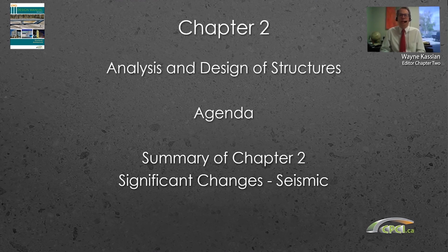There are new provisions for low hazard seismic design, buildings with flexible diaphragms, buildings with inclined columns, and they've also added base isolation and energy dissipation systems and rock foundations. So we'll be talking about all these seismic changes, but before we do, we'll go through from the start of Chapter 2, just highlighting what's in this portion of the manual.